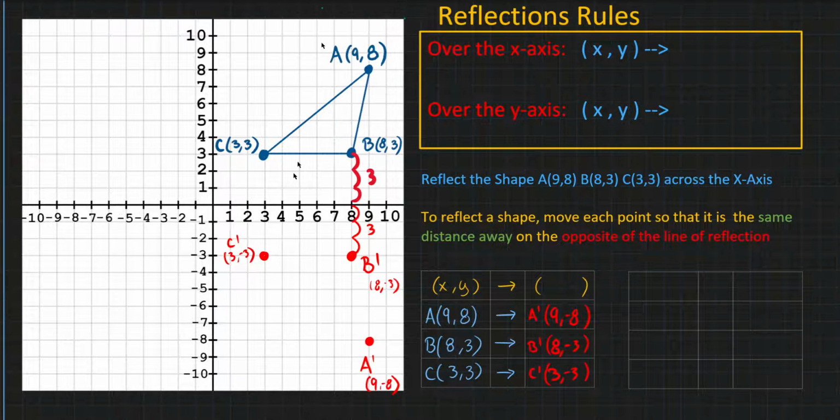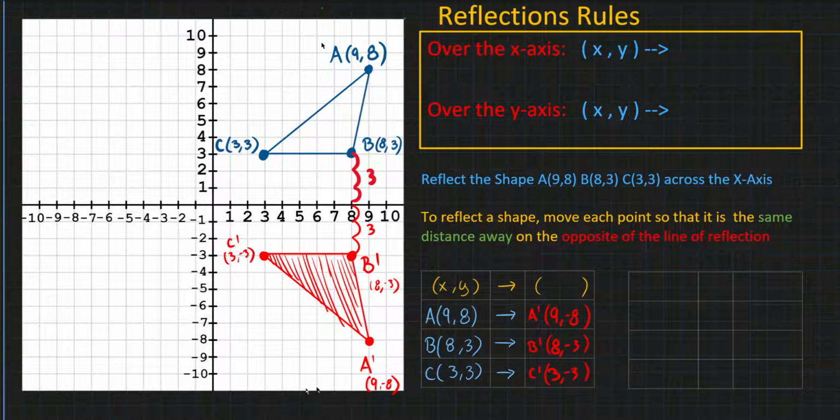And once I connect my dots, you're going to see I'm going to have a reflected shape. A shape that is not only just on the other side of the axis, but is also completely flipped, a mirror image of the other one. And if you're feeling saucy, I like to shade in my transformed shapes. I think it makes it look a little nicer. But yeah, look, it is not only just moved, it's been flipped. Perfect. And it's that easy.